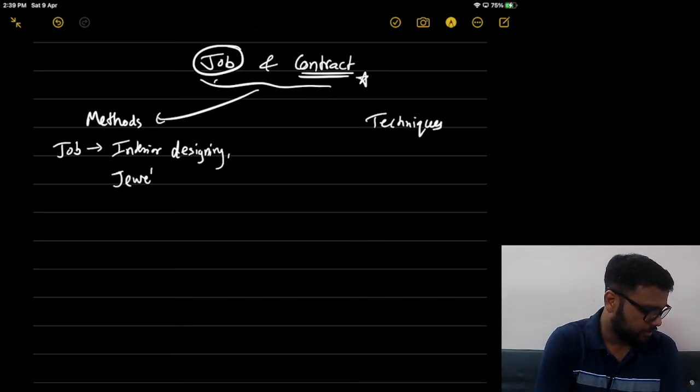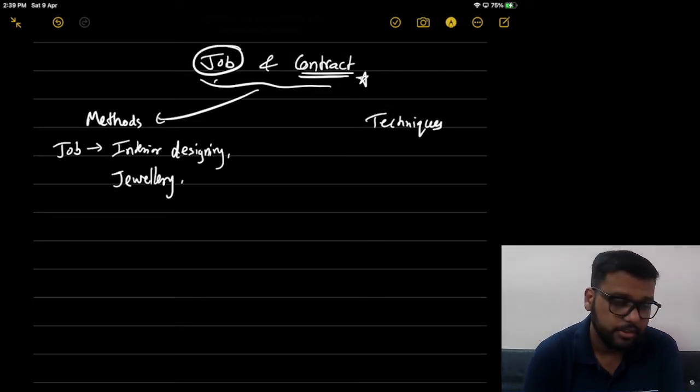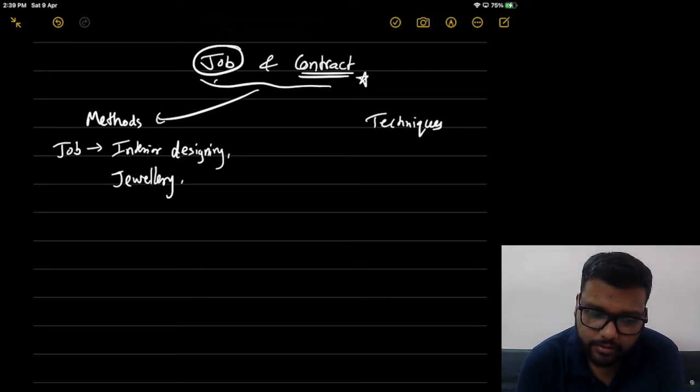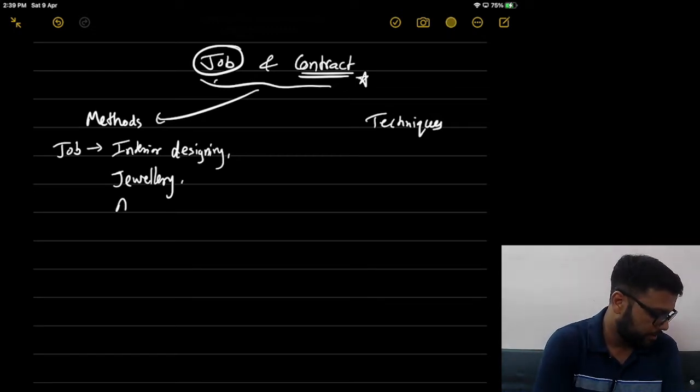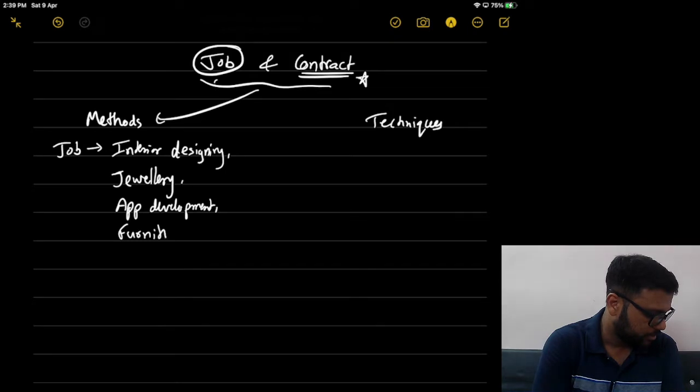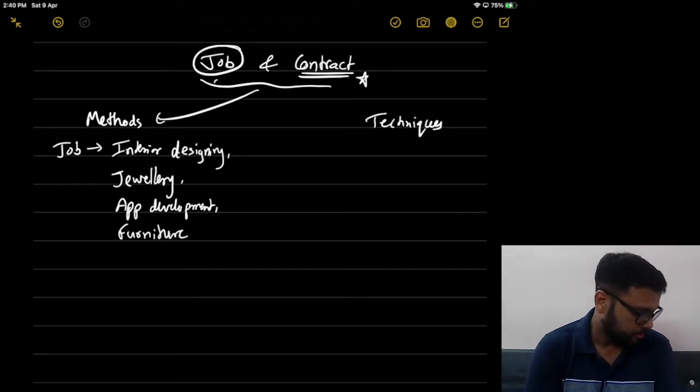App designing. App development can be an example. So furniture can be an example because generally all jobs are customized. Printing can be an example because each printing job will be customized.